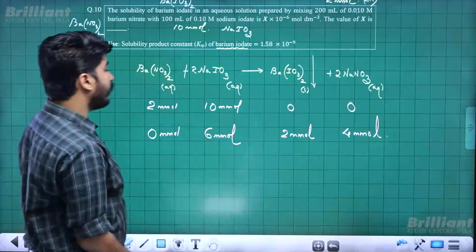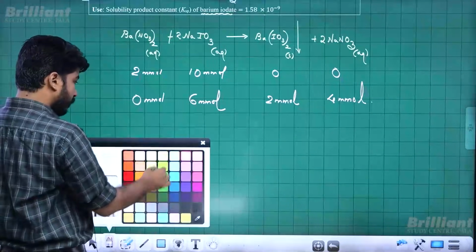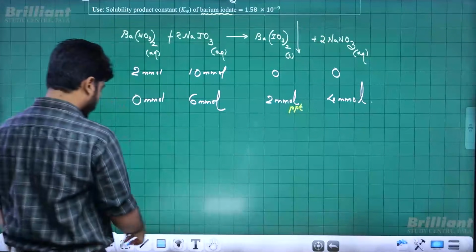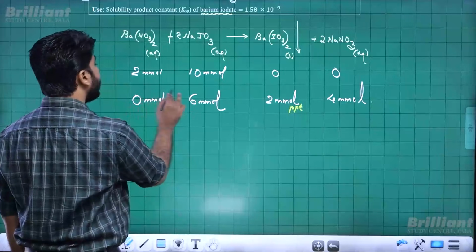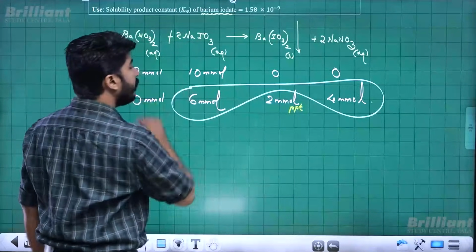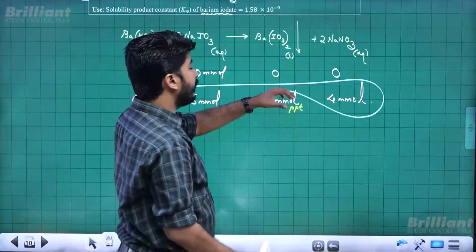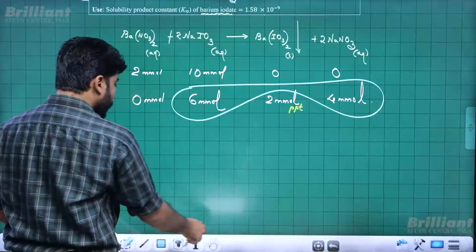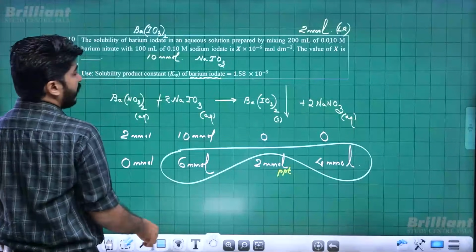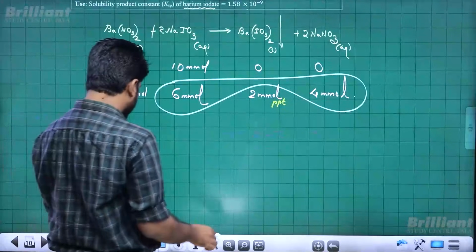So, this is the final solution. This is a precipitate, so it's not part of the solution. So, the actual final solution contains these things only. That is the composition of the final solution, and the precipitate stays away from the solution. And what is the volume of the solution then? Volume of the solution is 200 plus 100 if you assume volume of mixing is 0. So, 300 milliliter solution.